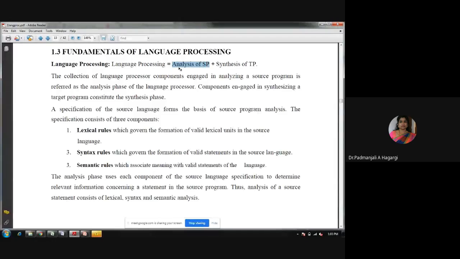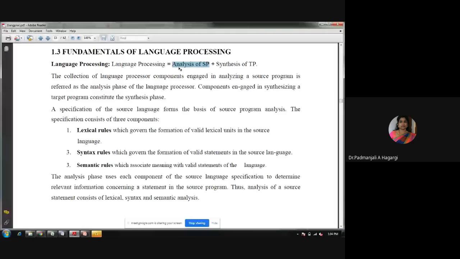That source program is fed into the compiler. That compiler can be your C, your C++, or your Java. Every language has its own compiler.